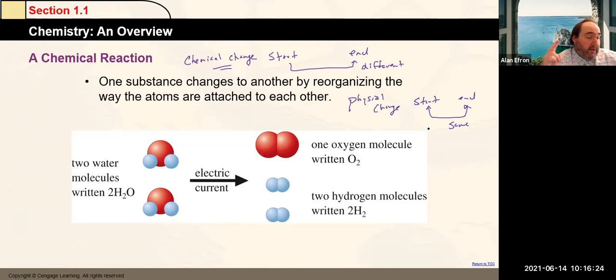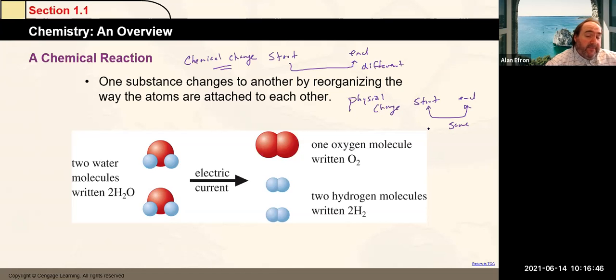Ice, liquid water, and steam are all fundamentally still H2O. They're all still fundamentally water. They may just look different. Obviously, an ice cube looks different than liquid water, and steam looks different than liquid water, but they're all still H2O. And that's why that's referred to as a physical change.